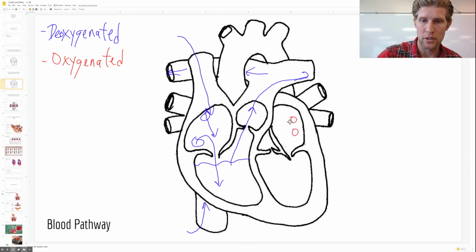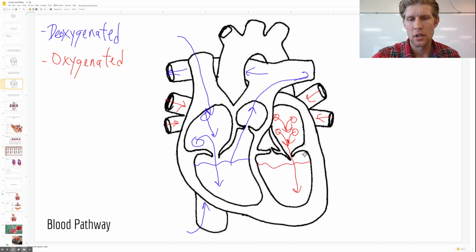Now you're going to have little holes in here. It's going to come in through your pulmonary veins from your lungs into the left atrium. It goes through this mitral valve or bicuspid valve as it fills up, and then the ventricles will contract.